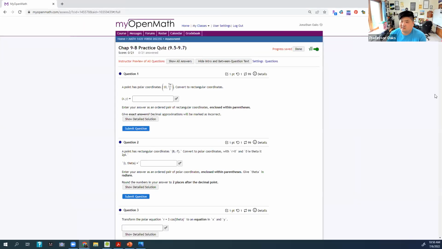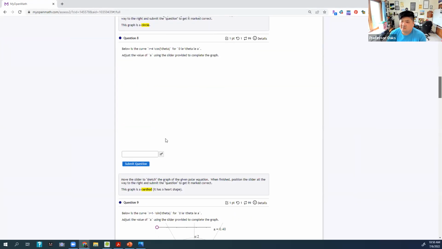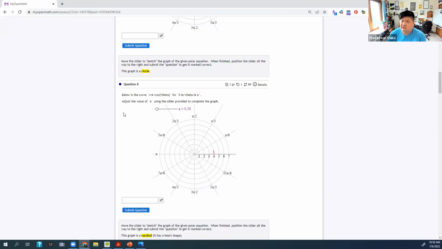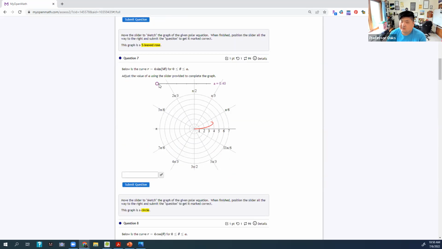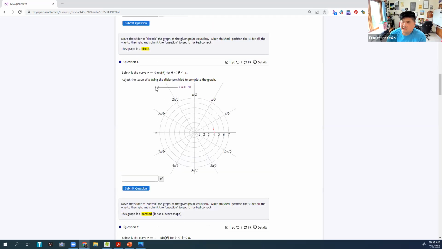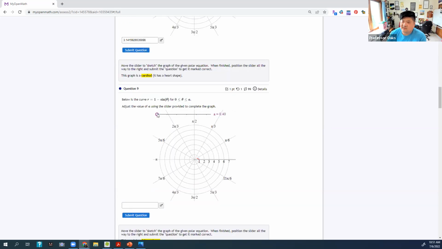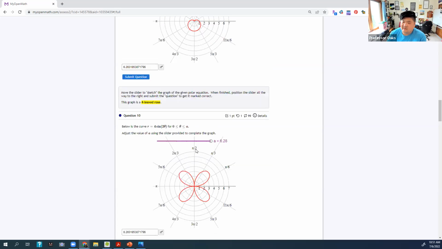On the practice quiz, for some of the problems you just have to go through and adjust the slider. If you complete the graph, then that will enter the answer that you need. It just wants you to see the different shapes of the different graphs here.